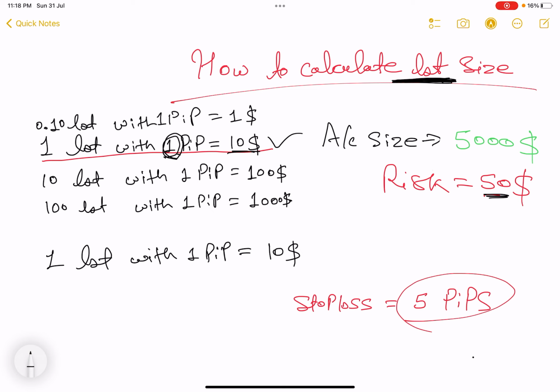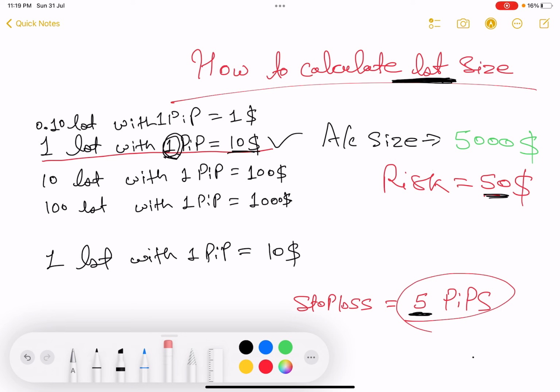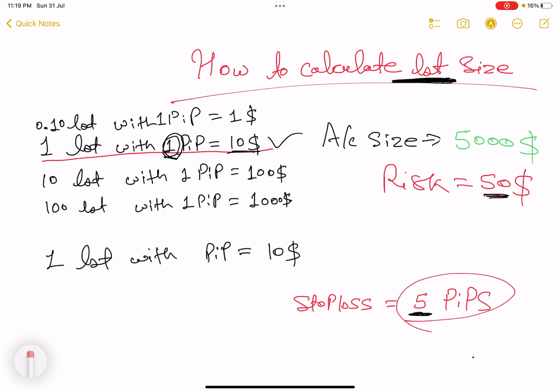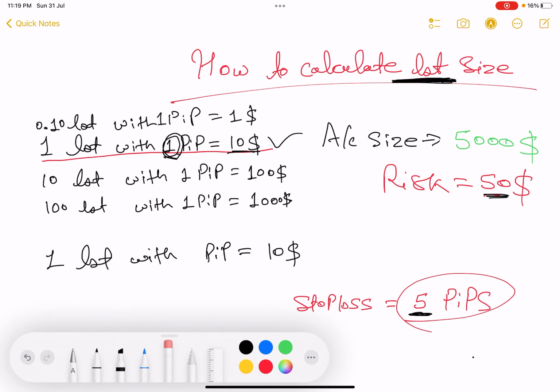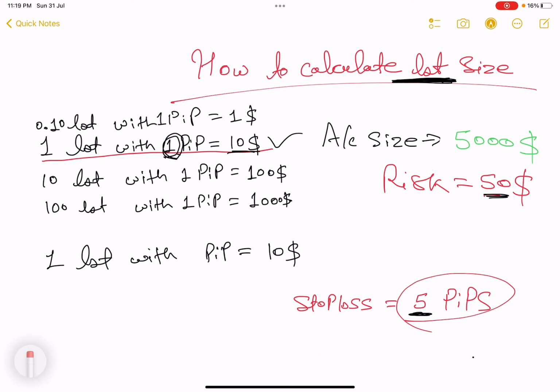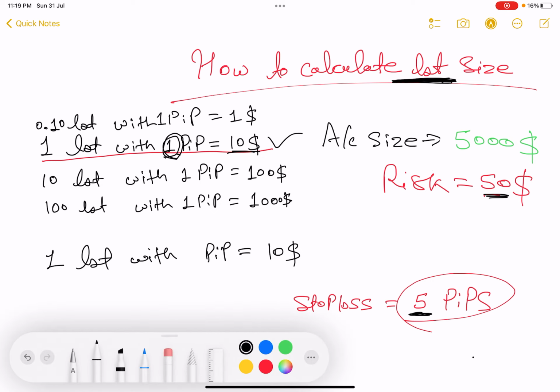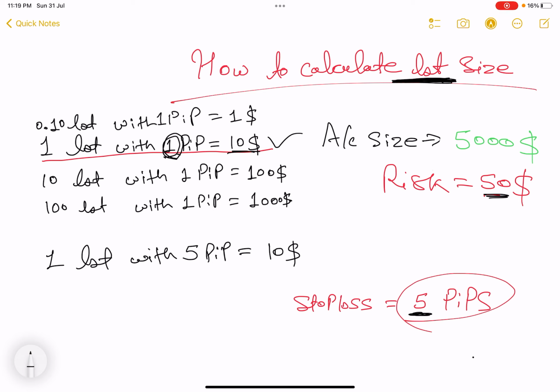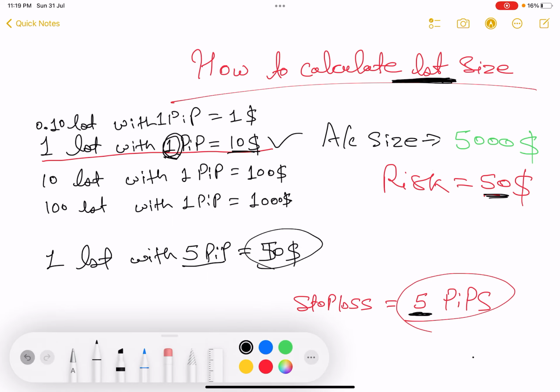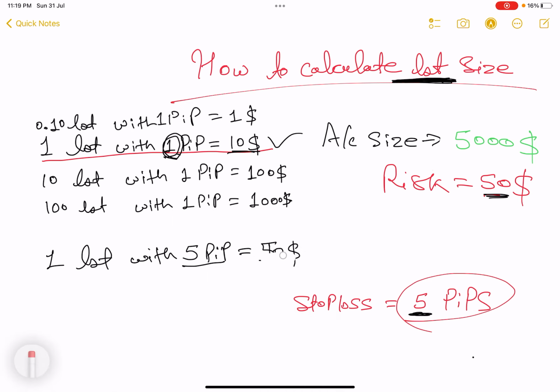What are my stop loss pips? It is 5. So if I simply change this 1, because my stop loss is 5 pips, yes or no, right? 5 pips. So if I increase this, this will also increase, so it will become 50. So that's it.